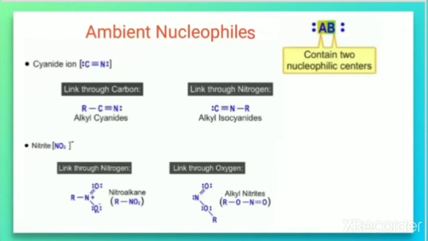Cyanide ion formula, that is CN minus. So here the bonding can take place through C or it can take place through N. As shown in the example here, the bonding is taking place through C. You can see that R is bonded with the nucleophile through C, and in this case R is bonded with N. That means CN can be bonded with an alkyl group from two sides.